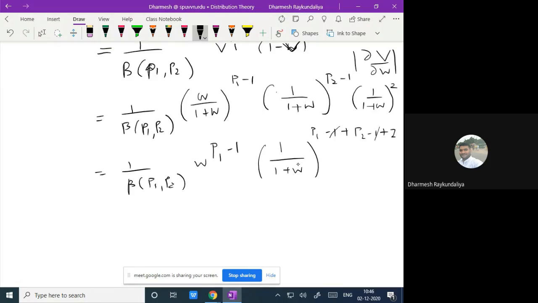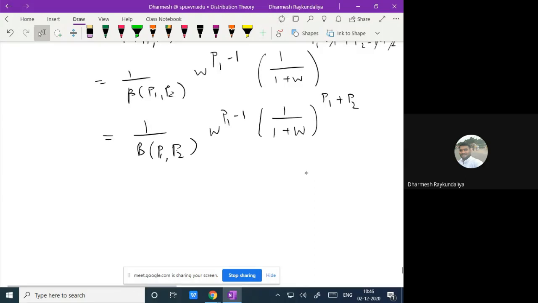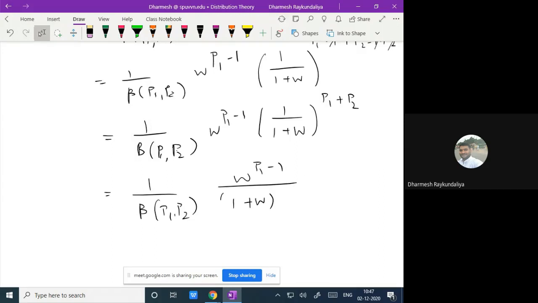So this is minus 1 minus 1, that is minus 2, which cancels with the plus 2. So it is nothing but 1 upon beta p1 comma p2, w raised to p1 minus 1, upon 1 plus w raised to p1 plus p2.